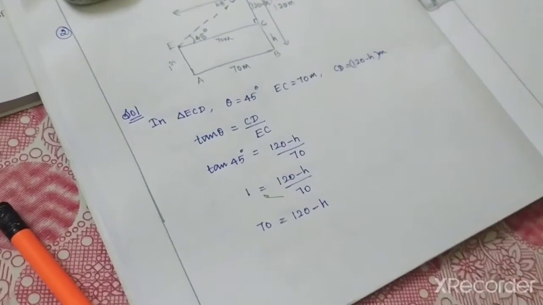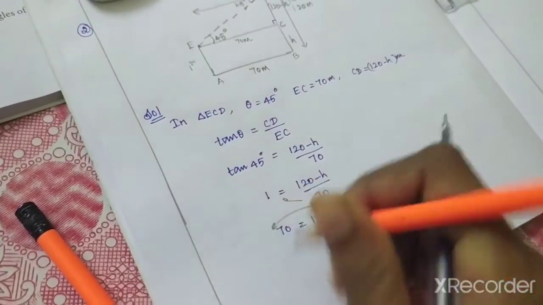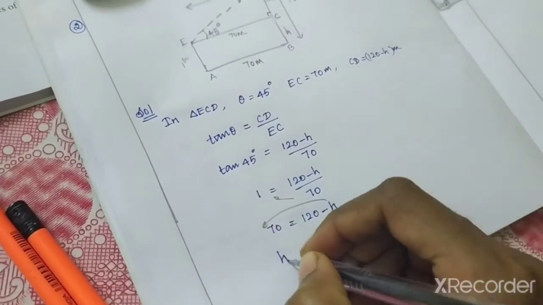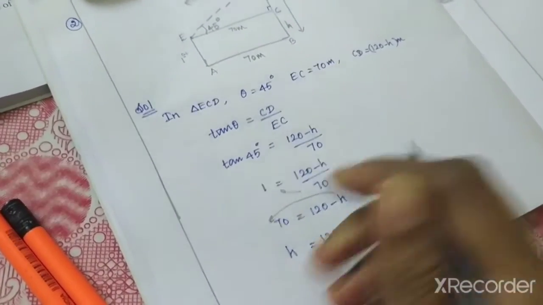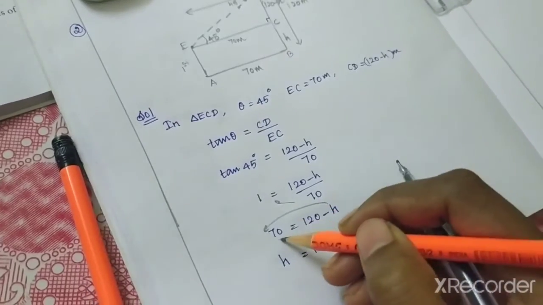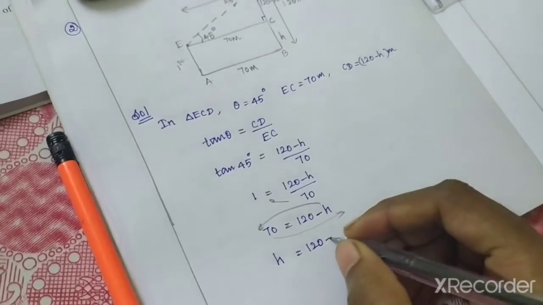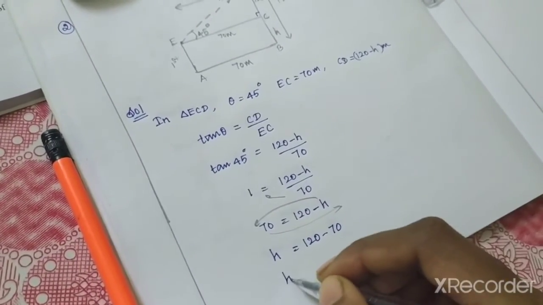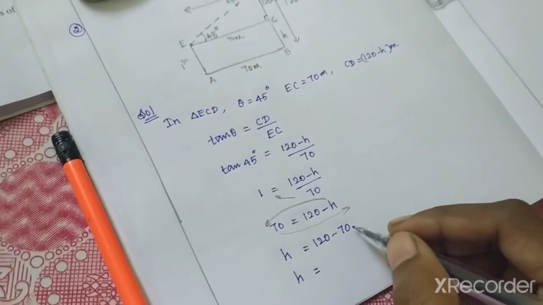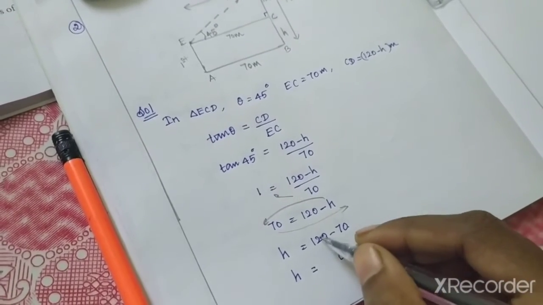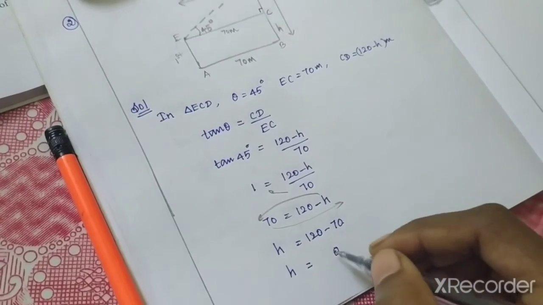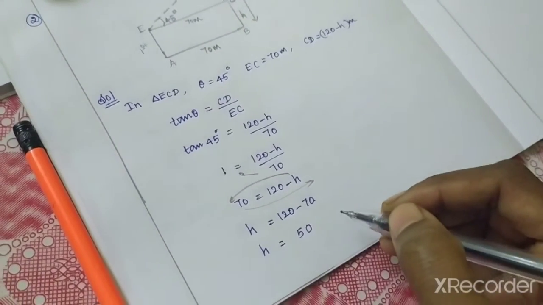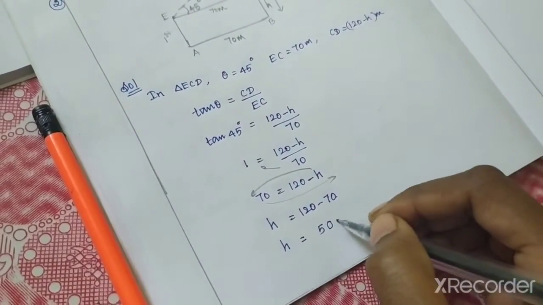In this place, h is moving to the other side: negative h moves and becomes positive, and positive 70 moves and becomes negative 70. So subtracting, 120 minus 70: 12 minus 7 is 5, so h is 50 meters.